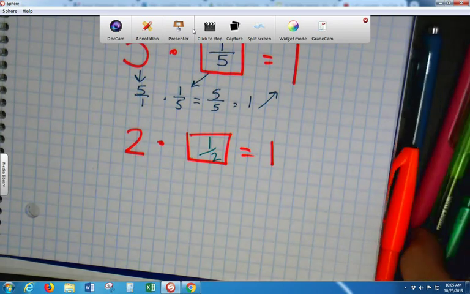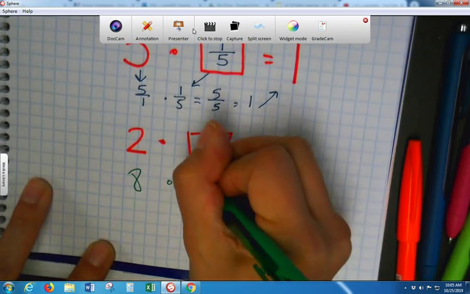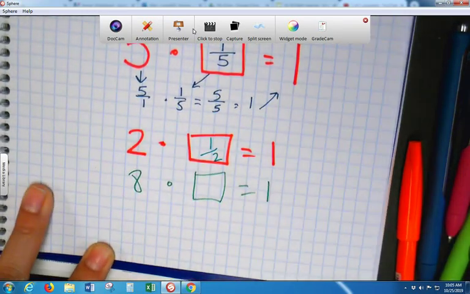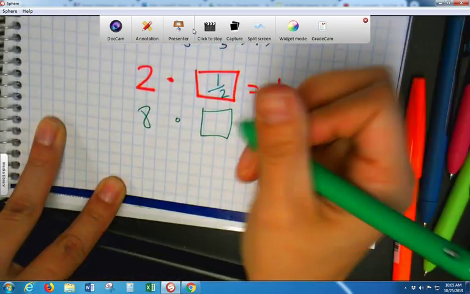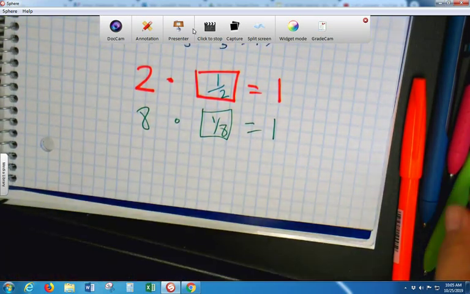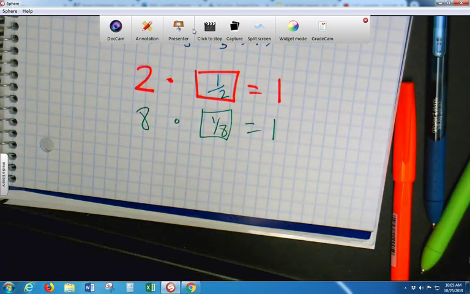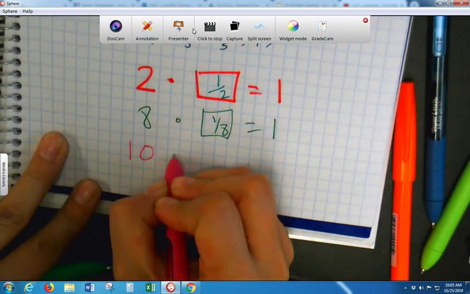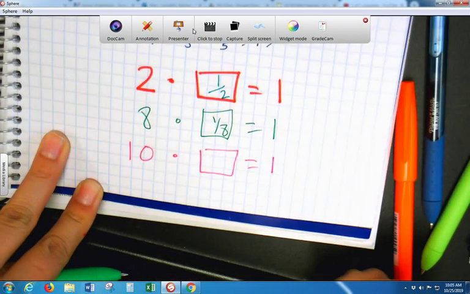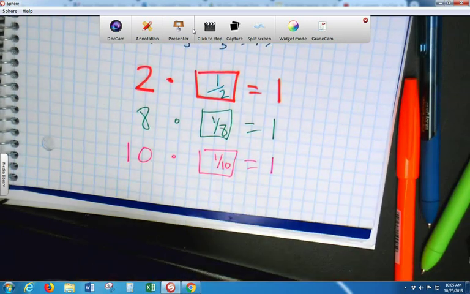See if you guys can figure out the pattern. 8 times what equals 1? Whoa, you guys are super awesome math students. We're math superstars. How many of you figured out the pattern? Nice. 10 times what equals 1? 1/10. So what's the pattern? What are you guys really doing?